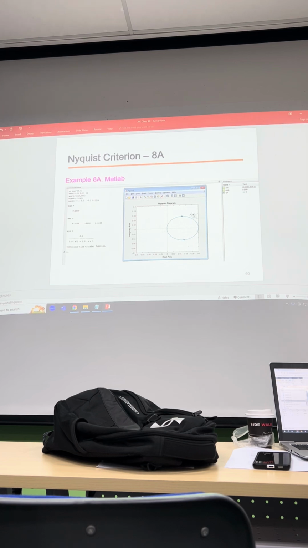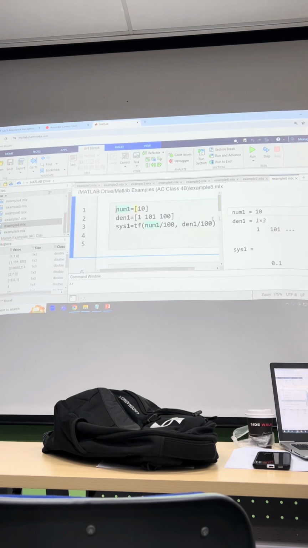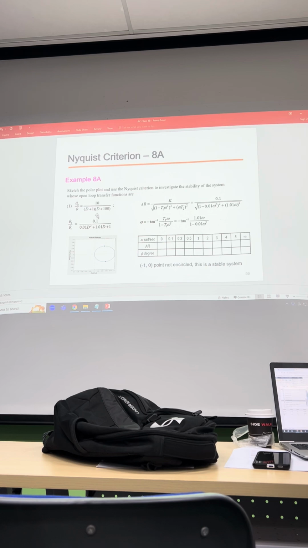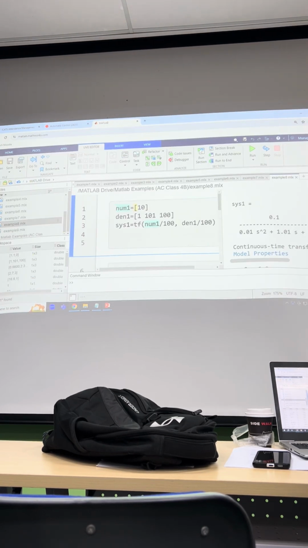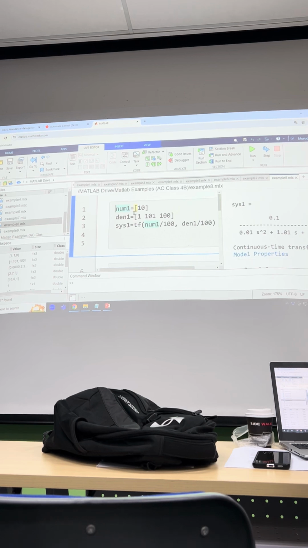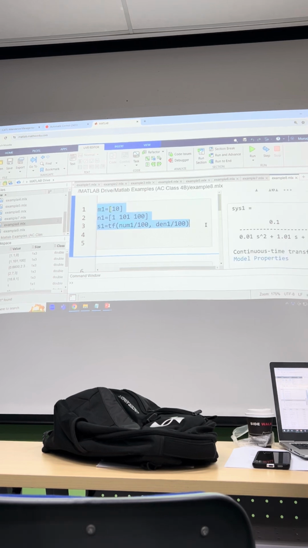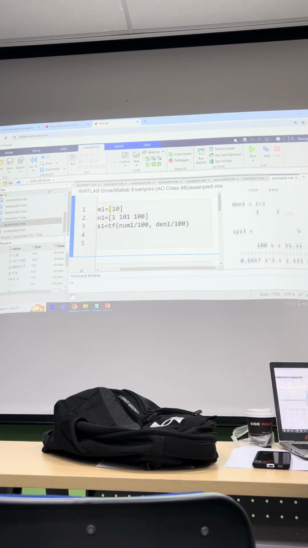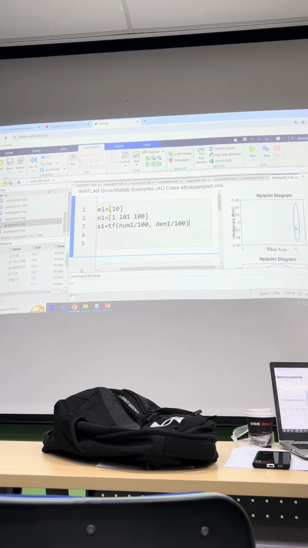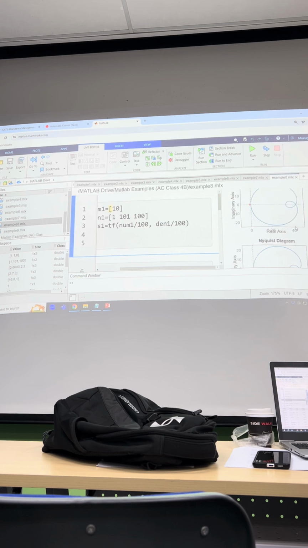Okay, first one over here. Transfer function 0.1, 0.1 square, 1.01 and 1. So the first, second, third function, and the plot comes at the end like this, and the second is like that, and the third is like that.